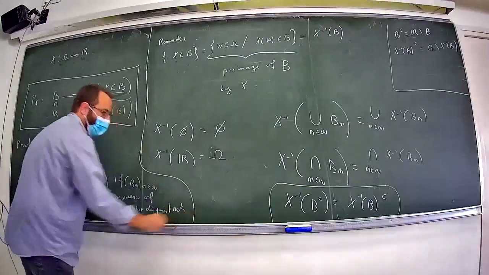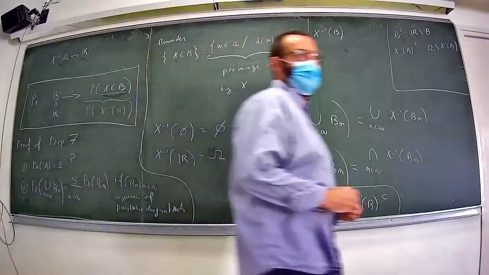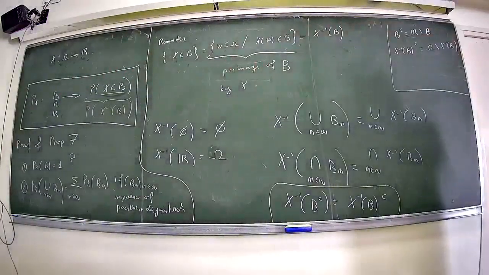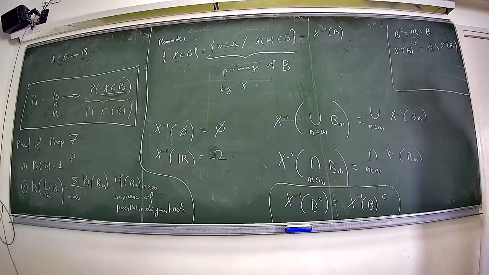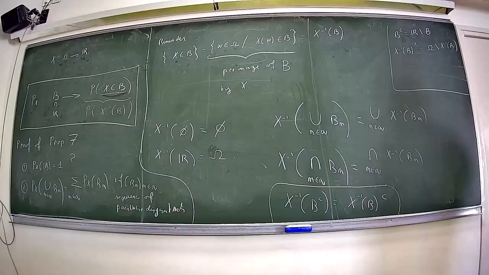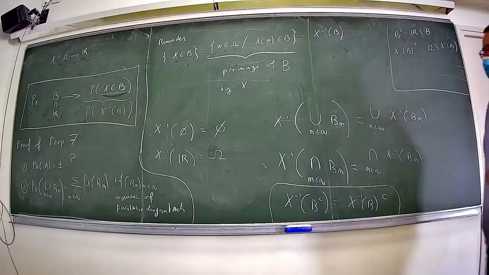Okay, so here I just remind the definition of what is the probability as defined in the first session of the course. So if I want to check that someone is a probability, I have to check that Px of the universe is 1, and that if I have a sequence Bn of pairwise disjoint sets, the probability of the union, or Px of the union, is equal to the sum of the Px.